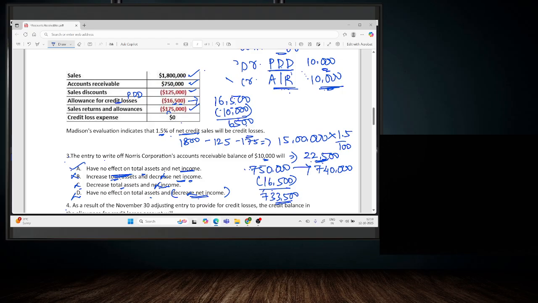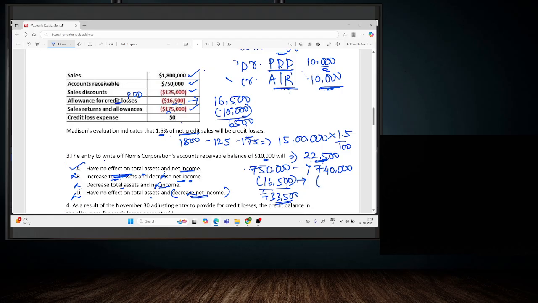We have debited provision for doubtful debts. So if you are debiting provision for doubtful debts, it means we are decreasing the balance in the provision for doubtful debts account. If you are crediting provision for doubtful debts, it means you are increasing the provision for doubtful debts balance. So here provision for doubtful debts is debited by how many rupees? 10,000 rupees. So we already had 16,500 as the balance, out of which 10,000 is reduced.